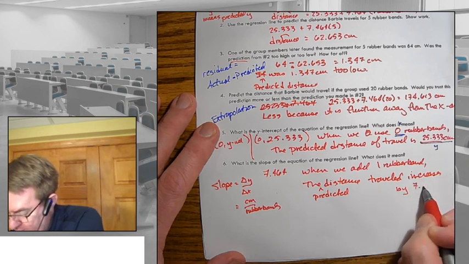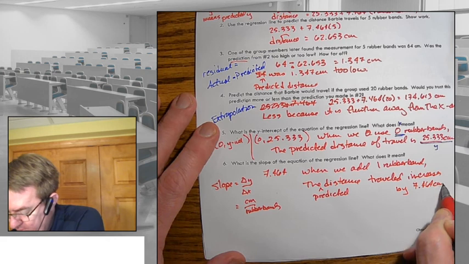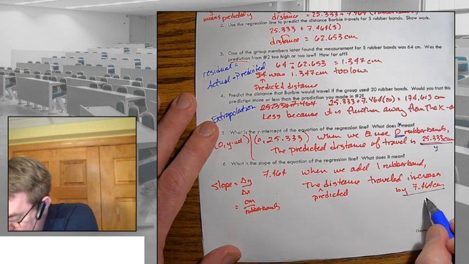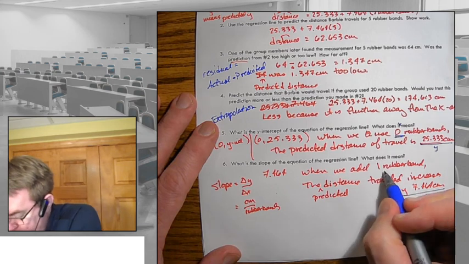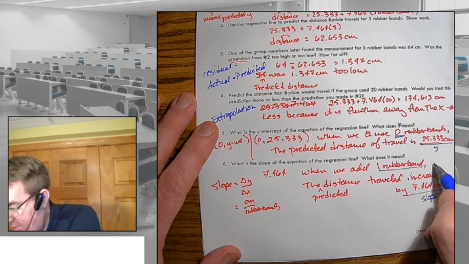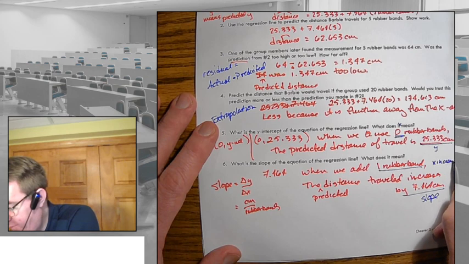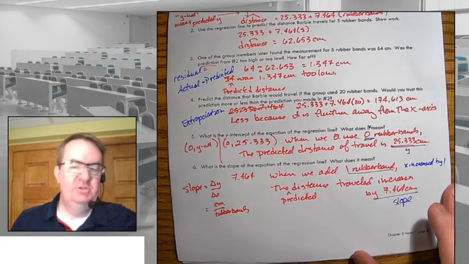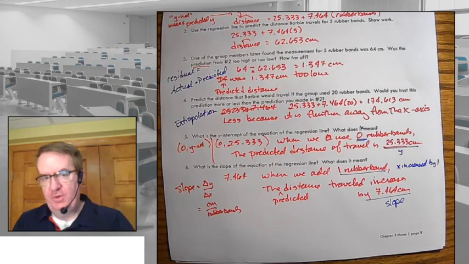By 7.464 centimeters. So again, notice, here's my slope. This over here, x increased by 1. Okay? So again, that would be the type of thing that you'd be working through in your groups.